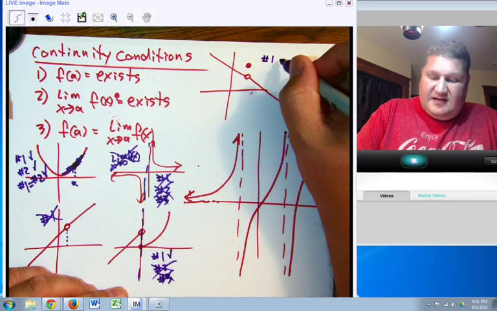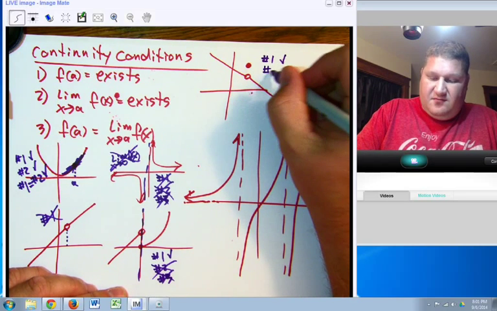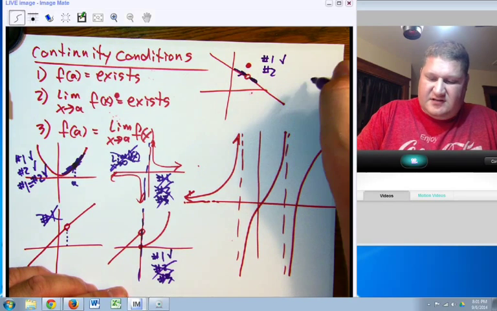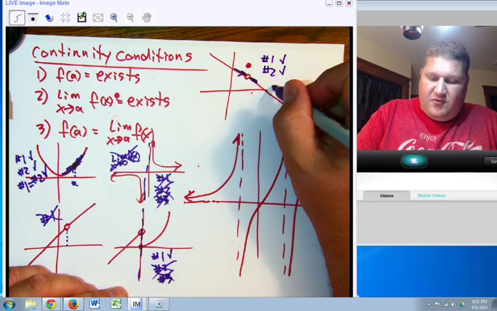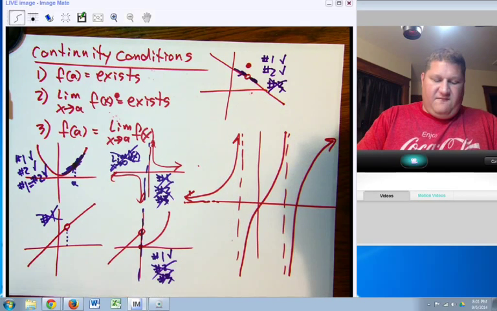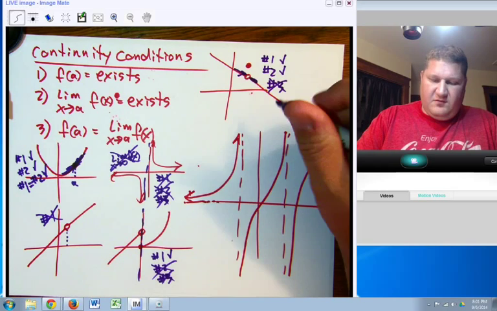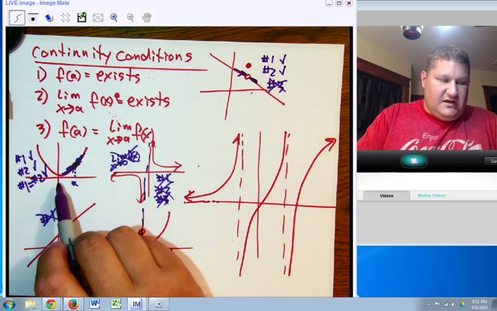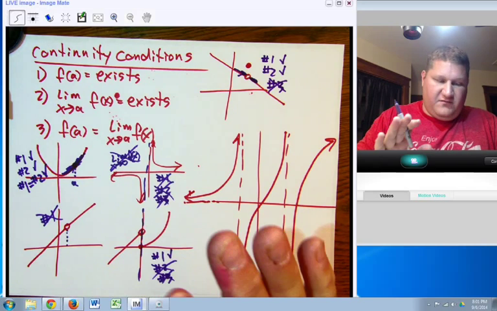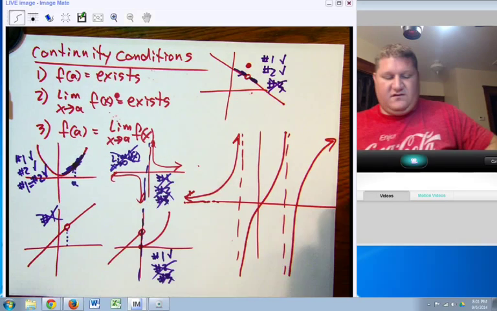It exists. Check. Condition number 2. The limit exists. It seems to be going to the same place. Check. The problem is number 3. The two do not match. It fails. So the only one that is continuous is the first one.